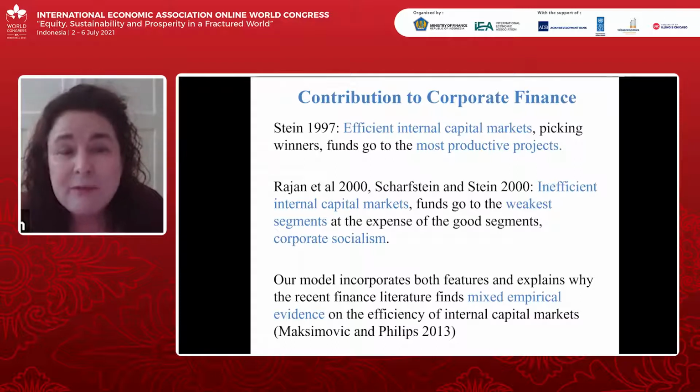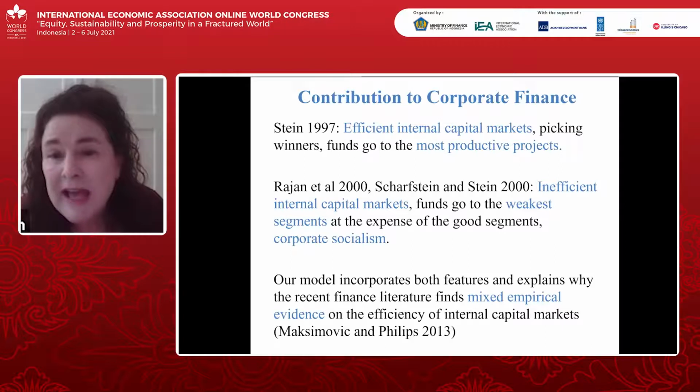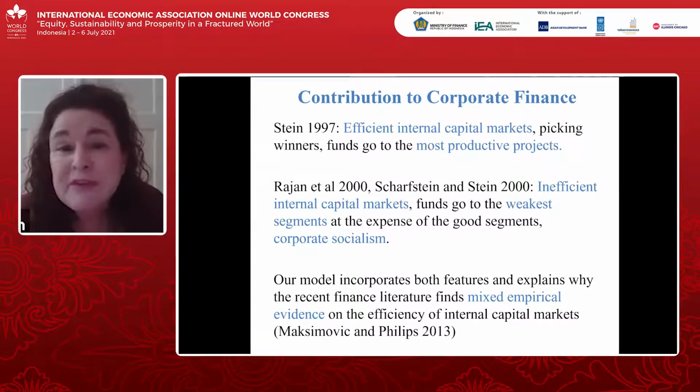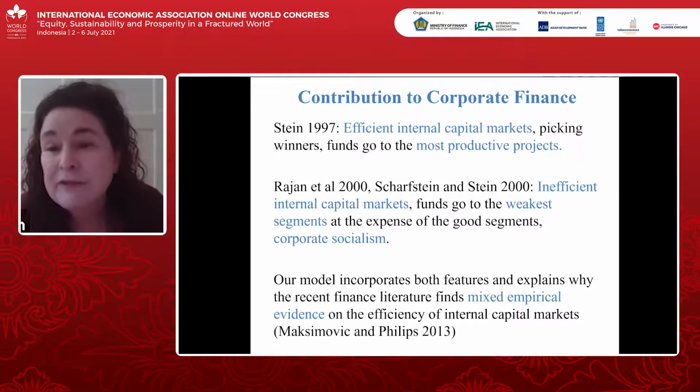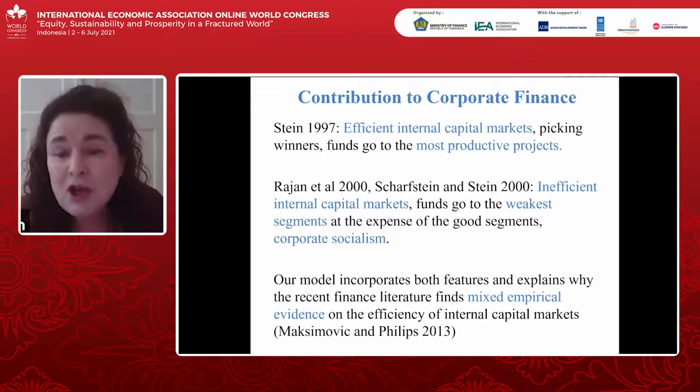However, a couple of years later, Rajan et al. and Scharfstein and Stein said internal capital markets can be inefficient. Funds go to the weakest segments of the firm at the expense of the good segments. So internal capital markets lead to corporate socialism.